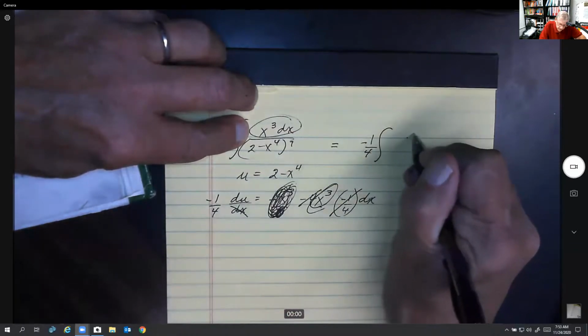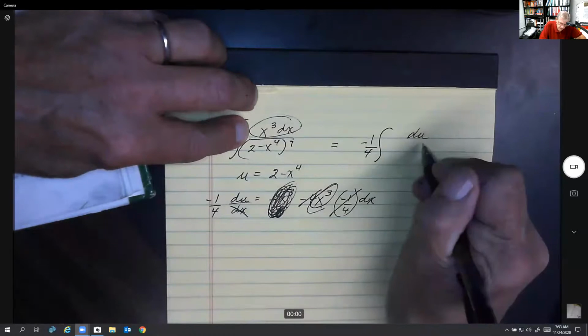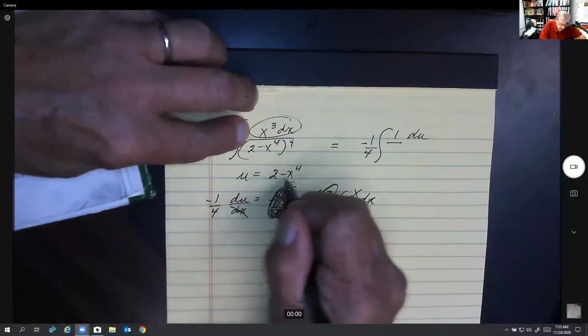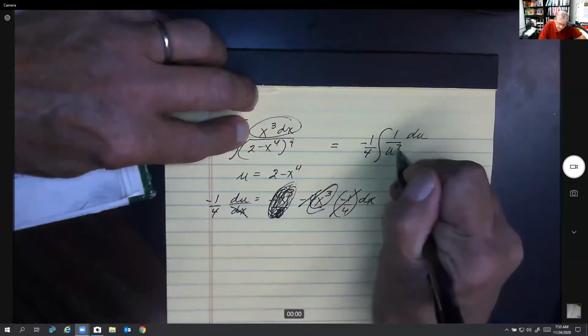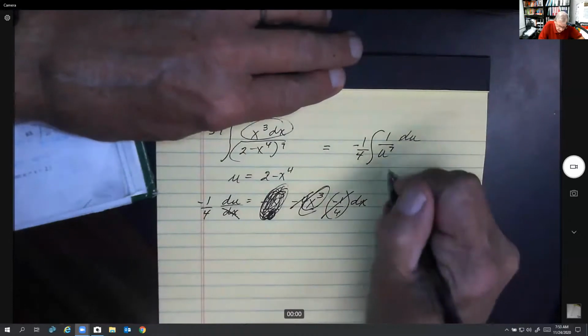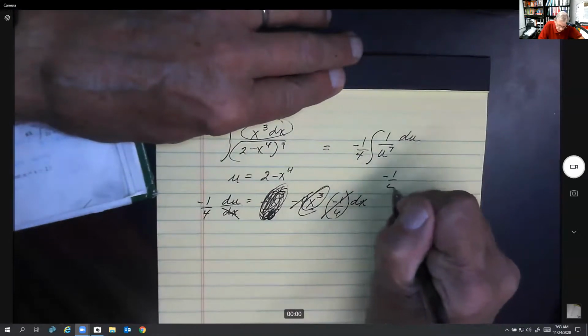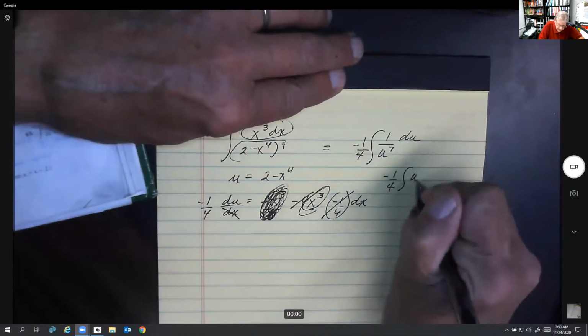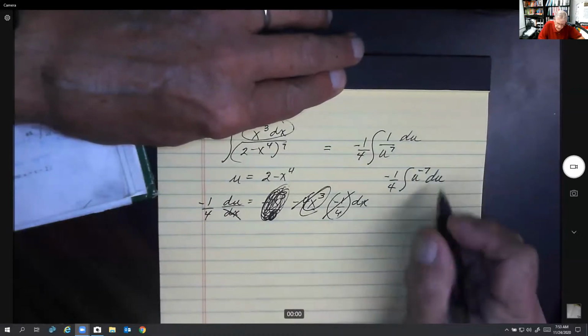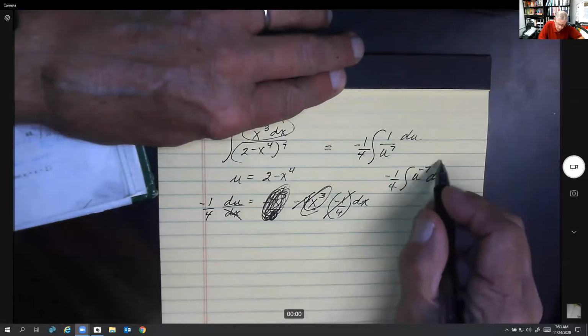So the du goes over here. And then this is 1 over u to the 7th. Okay, so let's rewrite that as negative 1/4 u to the negative 7 du. And remember, we're going to add 1.